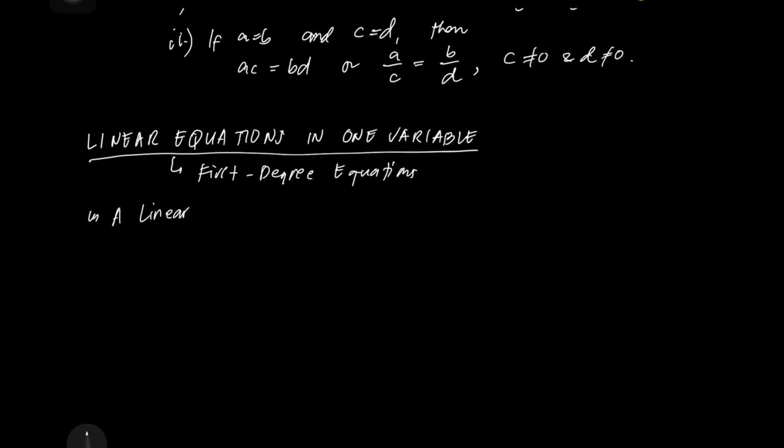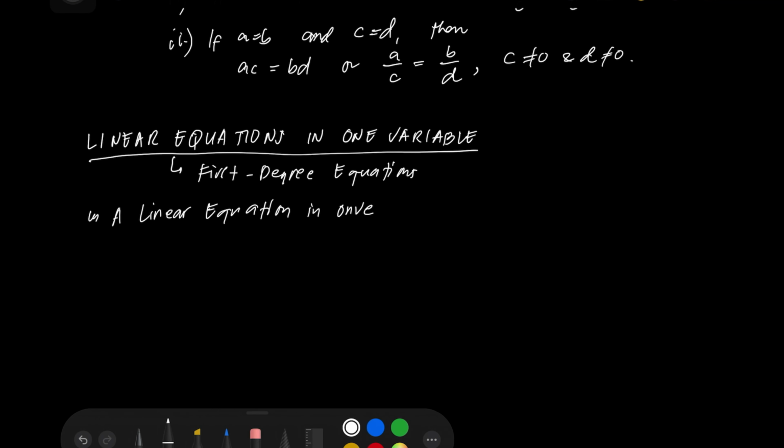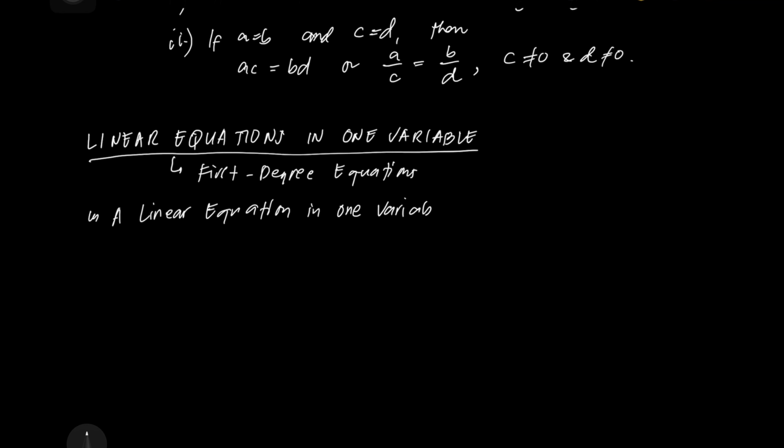A linear equation in one variable is given by ax plus b equals 0, where a and b are real numbers and a is not equal to 0.